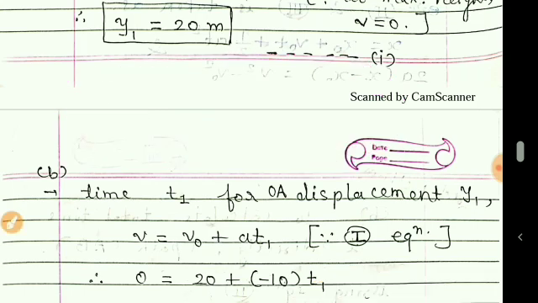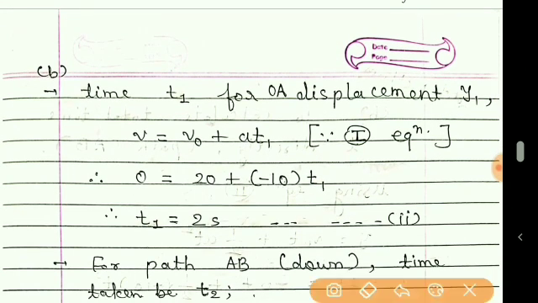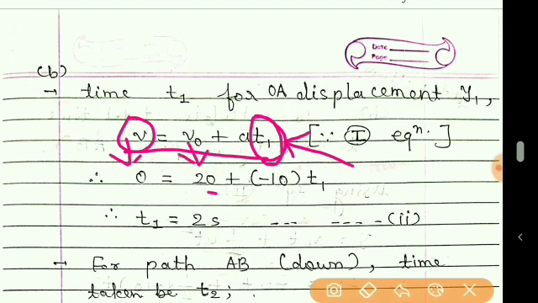So now using first equation, v is equal to v naught plus at. But which time we want to find? For upward motion it is t1, so we have written here t1. Final velocity is 0 at maximum height. Initial velocity is given 20.